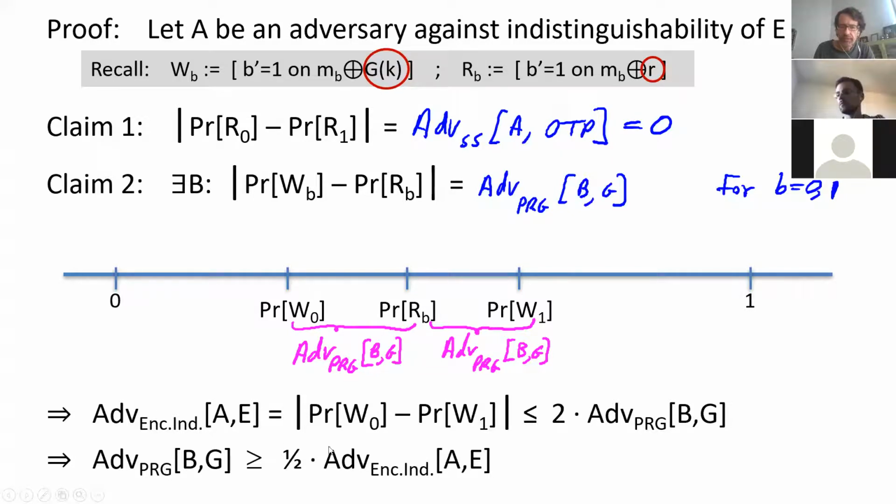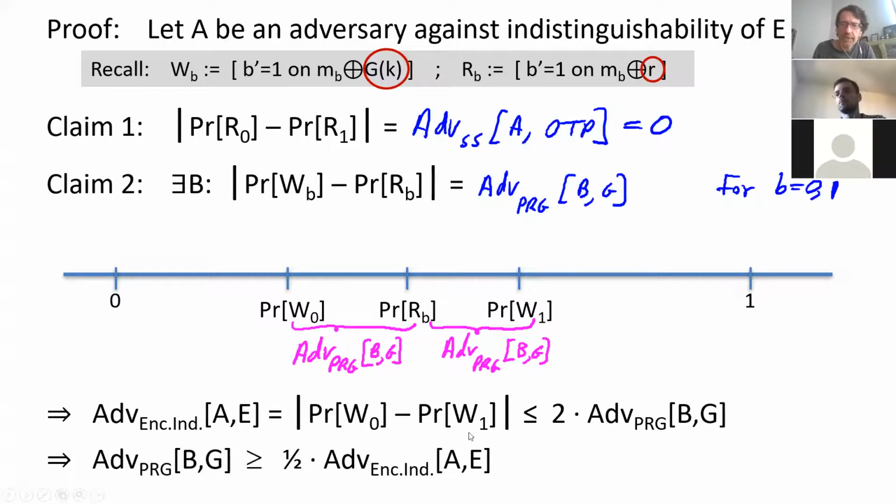This means that whatever the advantage of an encryption attacker was, the advantage of B against a PRG is at least half that. So if this was non-negligible, dividing it by 2, a constant, the result is still non-negligible.